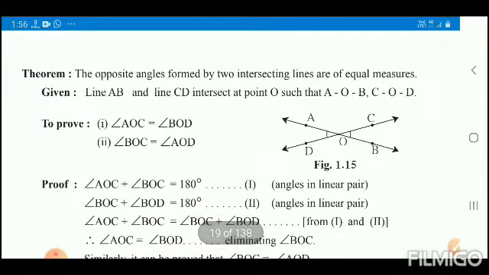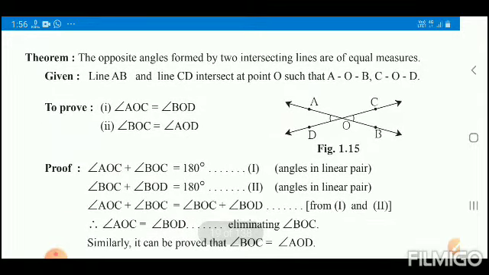First of all, while writing the theorem, we write the statement of the theorem. This is the first point. Then you have to draw the figure related to that theorem. From the theorem statement, you have to write the given part.